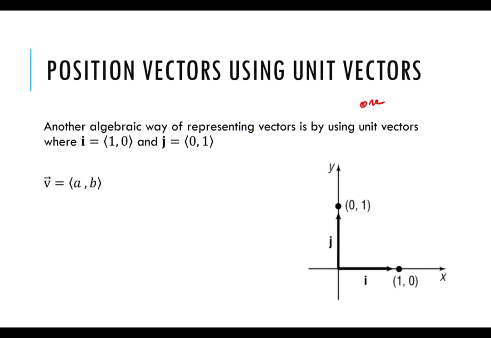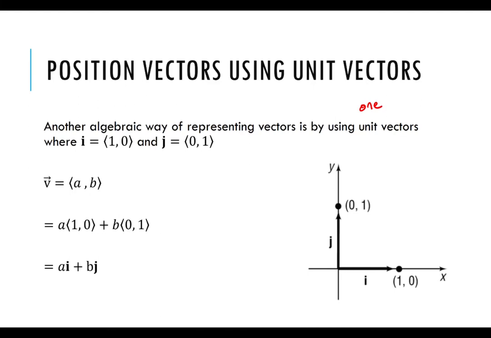If I have the vector v in component form as <a, b>, then to write this using i and j, I write it as a times the position vector <1, 0> plus b times the position vector <0, 1>. Then I can write it as a times the vector i, plus b times the vector j.